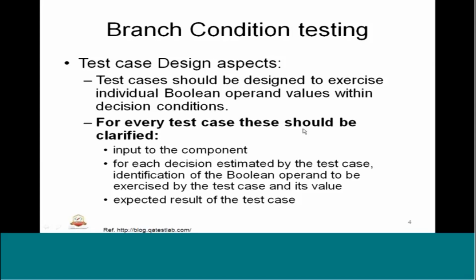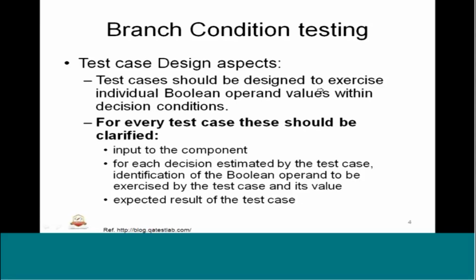So all the Boolean operands within the decision condition will have to be exercised. Operand values, such as you can see in an expression. Okay, let us start with a for loop only. It will be easy.